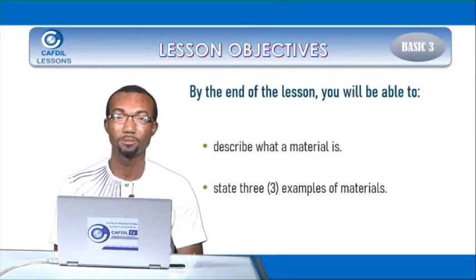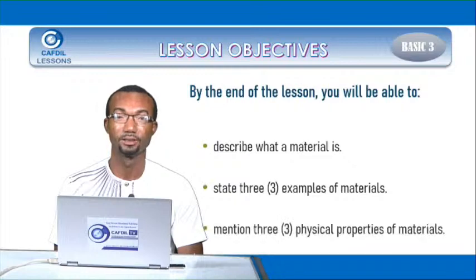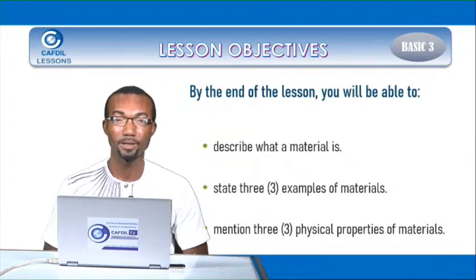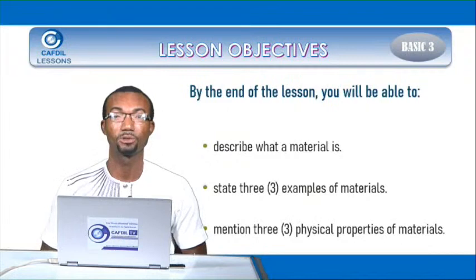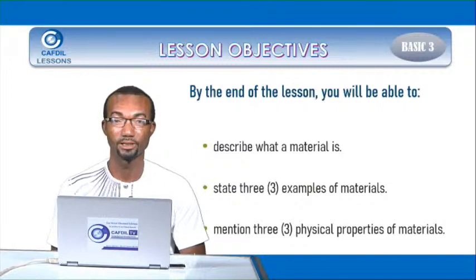And lastly, mention 3 physical properties of materials. So by the end of the lesson, you will be able to describe what a material is, state 3 examples of materials, and mention 3 physical properties of materials.